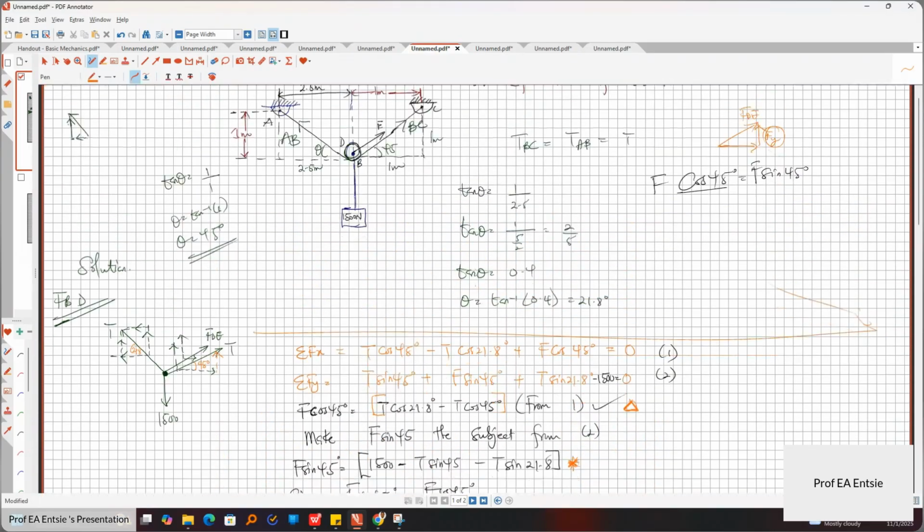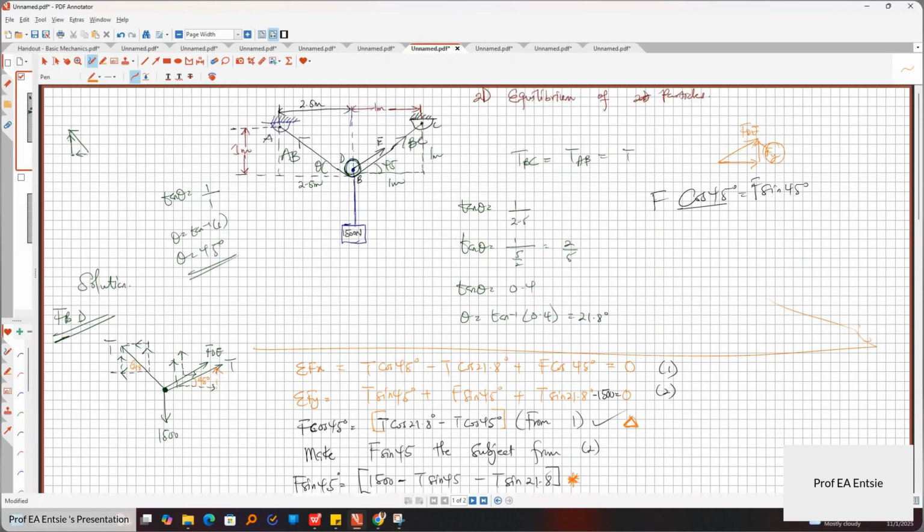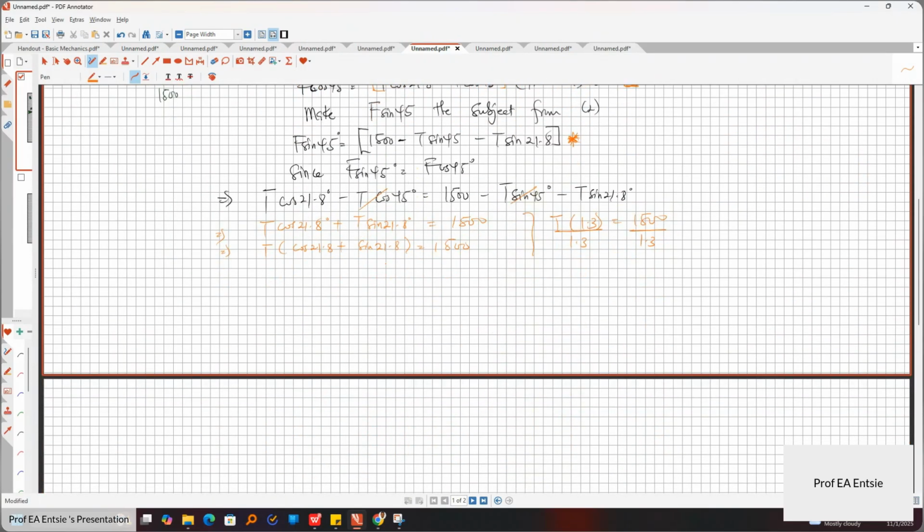And behold, the question was asking for the tension in the rope and the force F that will make the system equilibrium. So now T will equal 1,500 divided by 1.3.